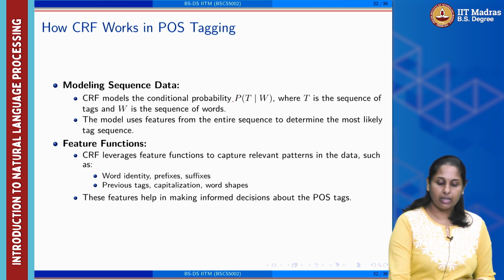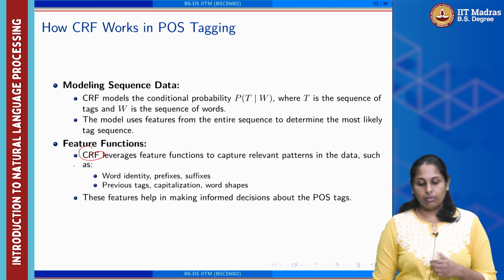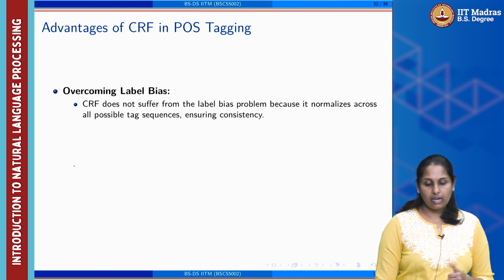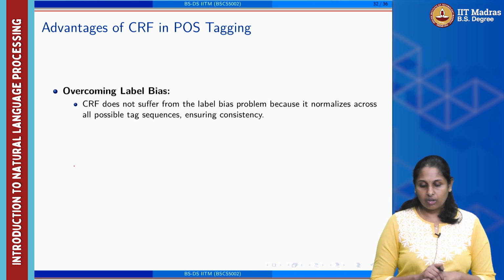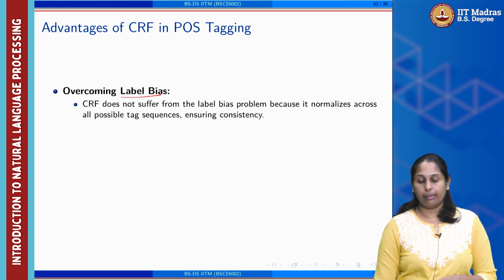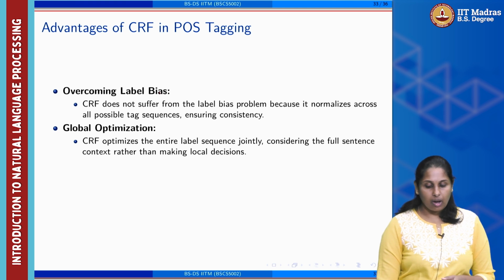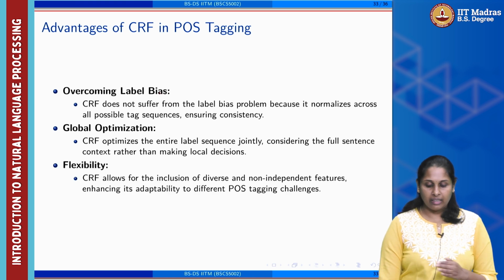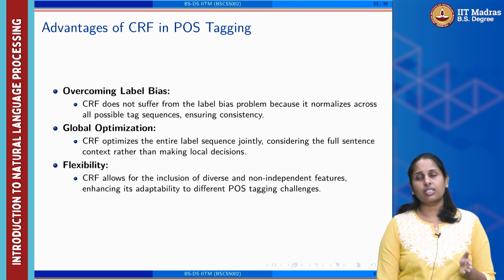All these things are considered under CRF. So, this helps in making informed decisions about POS tagging or NER. And the advantage of using CRF is, as I told, it overcomes the label bias and allows global optimization, because it considers the complete sentence rather than making local decisions, and it has flexibility, because it allows us to use any kind of diverse and non-independent features.